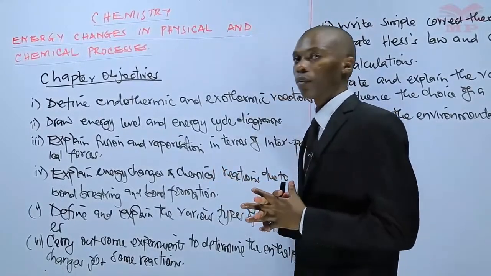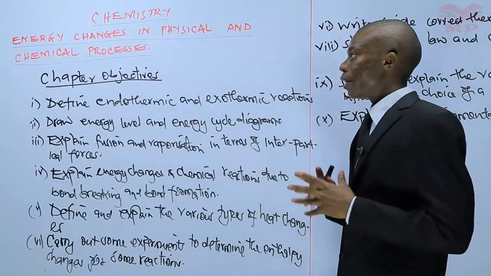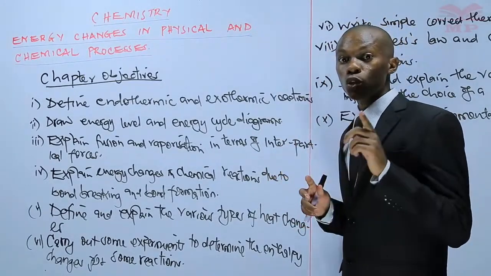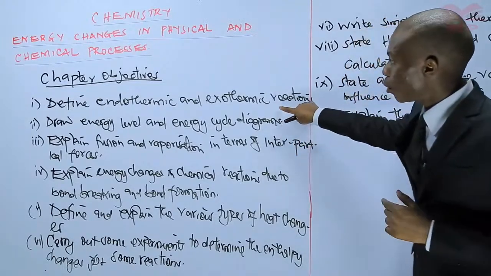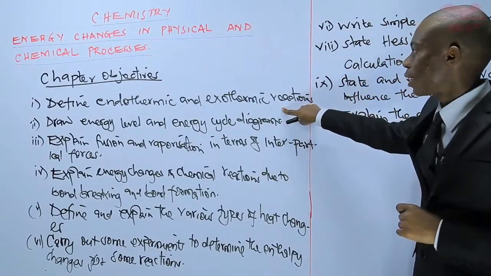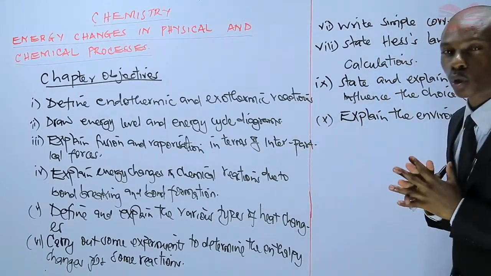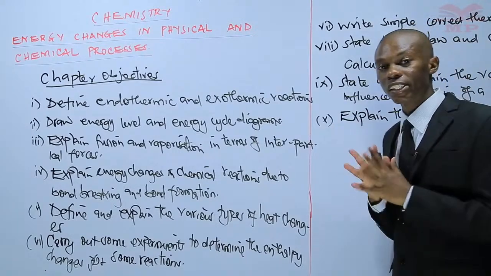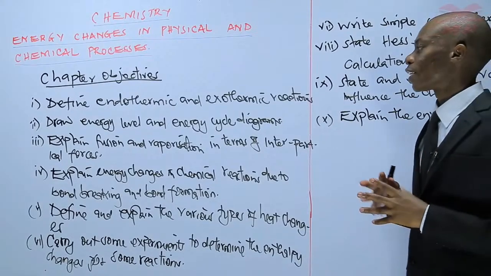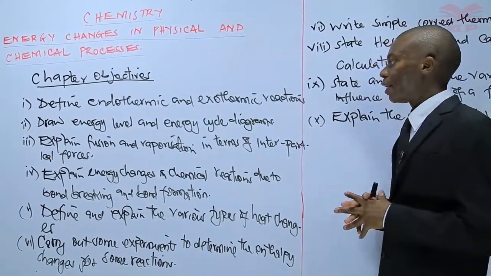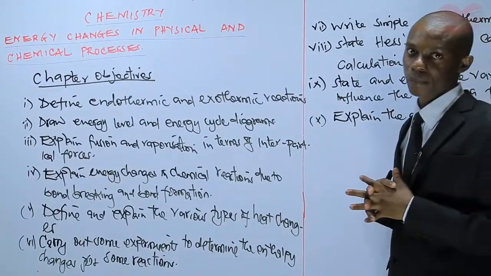Just to do a recap of these chapter objectives, by the end of the chapter, you, the learner, should be able to: 1, define endothermic and exothermic reactions. Number 2, draw energy level and energy cycle diagrams. Number 3, explain fusion and vaporization in terms of interparticle forces.